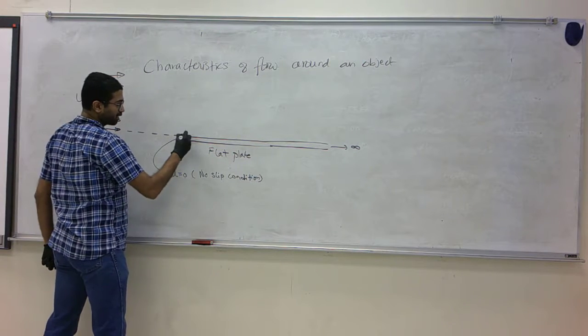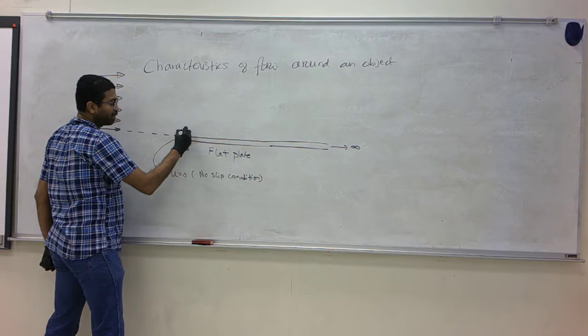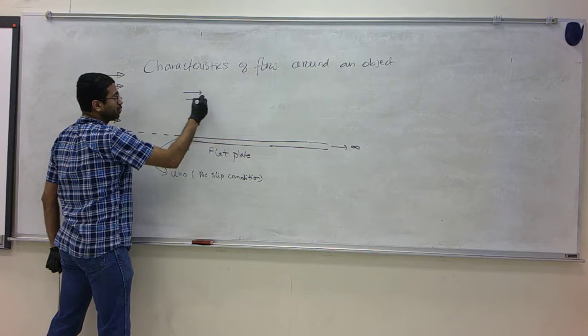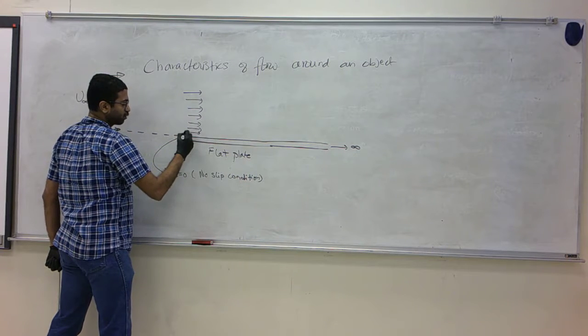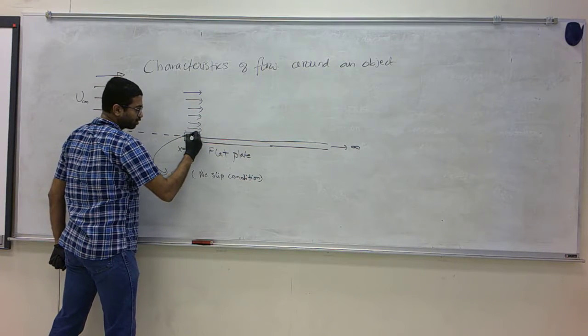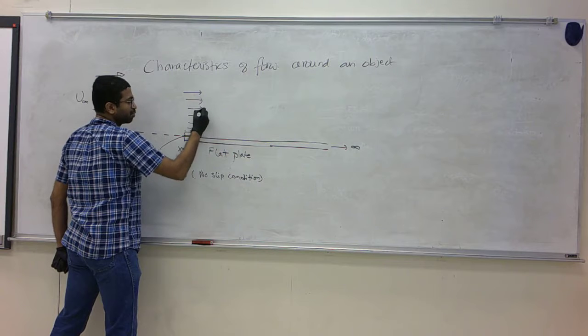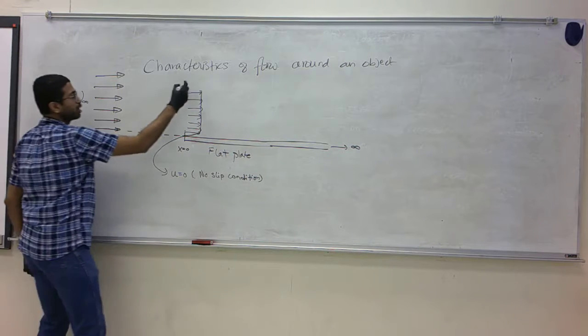So at this point here, the fluid velocity is 0, but if you travel a little bit outwards, you have the flow to be nearly uniform as it was before. So from between here to here, the flow has to quickly go to 0 velocity, and from there on, its velocity is whatever u infinity is.